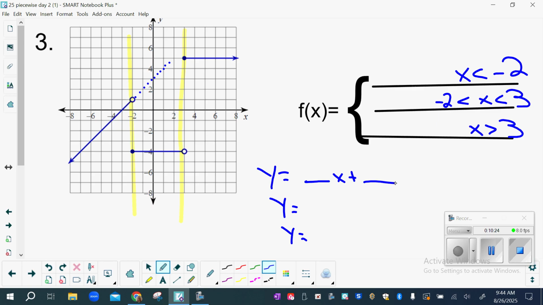Since he doesn't hit the y-axis, I'm going to extend him till he does. Boom, right there at 3. And his slope, if you count up and over, is up 1 over 1, so the slope is 1. So I'm going to write x plus 3 and slide him right up here.